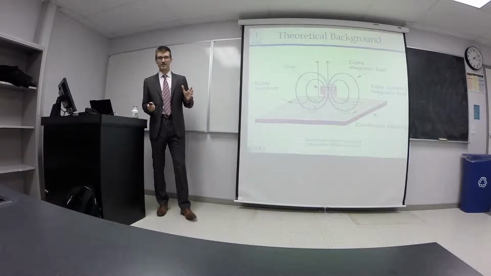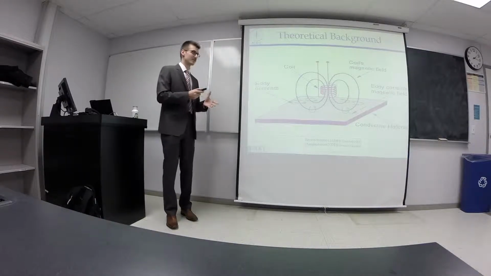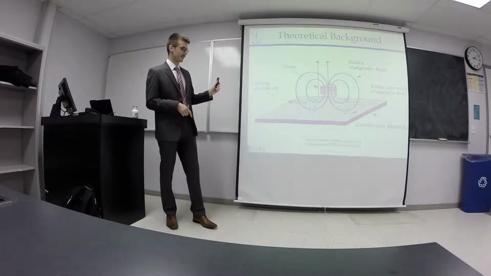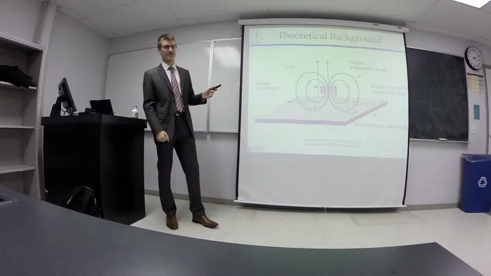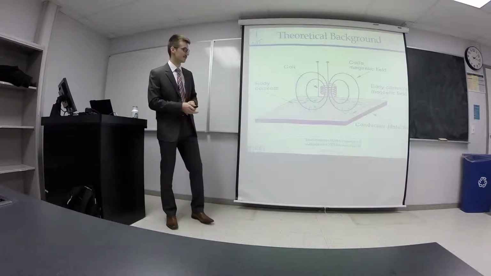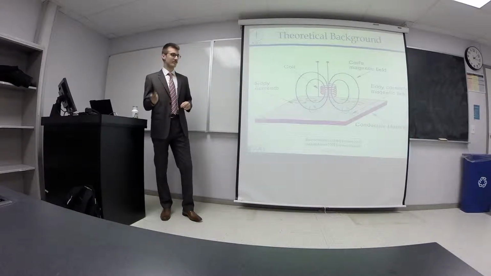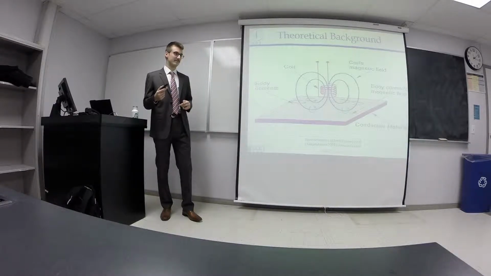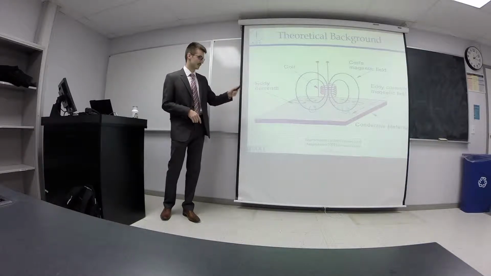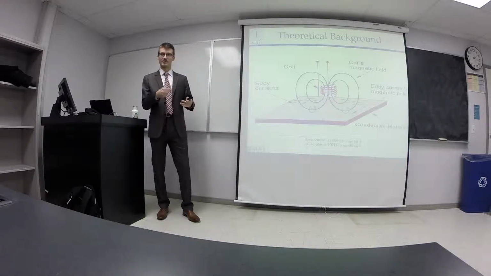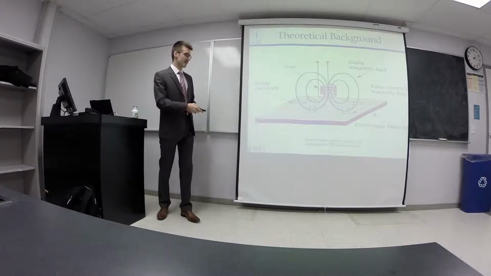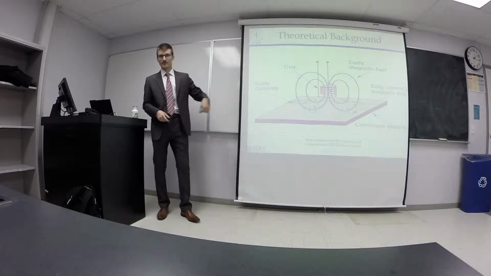So, some theoretical background for any of you who aren't familiar with how eddy current works. This is a very basic schematic of eddy current probes and how they interact with materials. You have a probe in the middle. Alternating current is run through it. It generates a magnetic field, and this magnetic field itself induces a current in the conductive material that it comes in contact with. These eddy currents are the circular ones you see in turquoise.